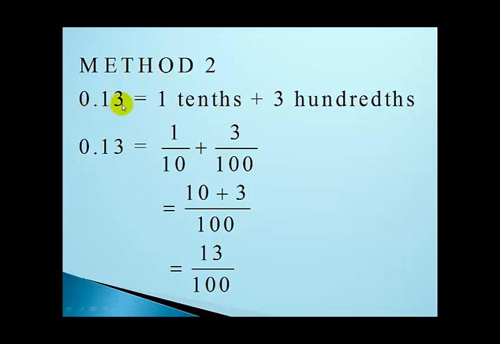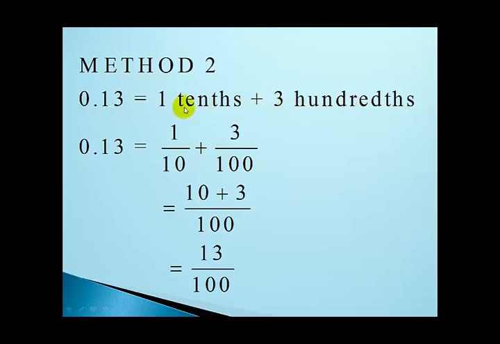When you look at the number 3, it's occupying the hundredths position, because it is the second digit after the decimal point. So 0.13 is 1/10 plus 3/100.